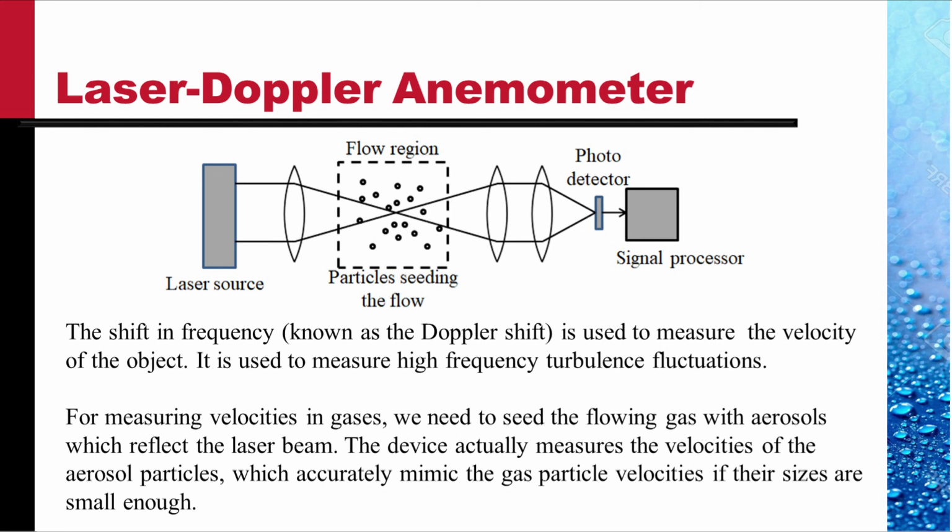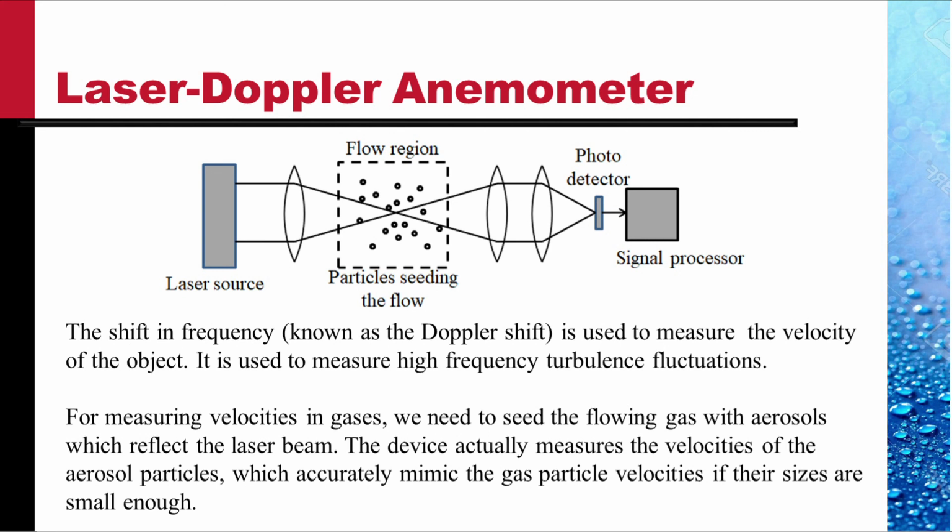We have a laser passing across the flow section. The flow section is seeded with particles, very small in size, and the particles are assumed to move with the velocity of the flow. So the laser beam is reflected from those particles, and there is a frequency shift that occurs because of the velocity of the particles.